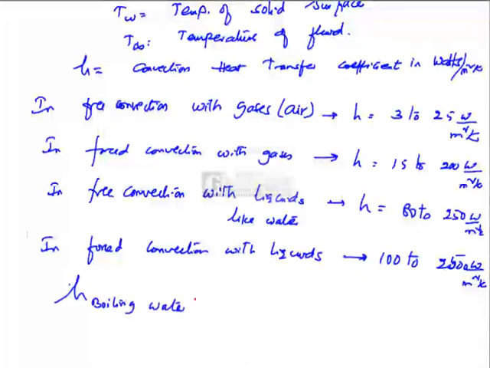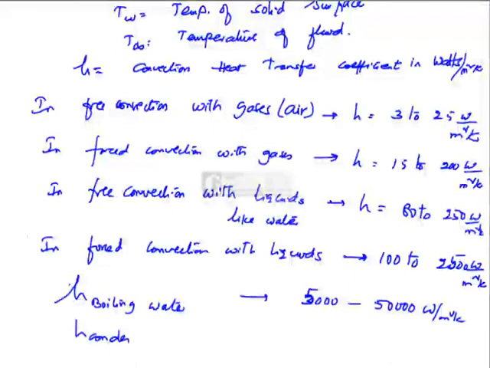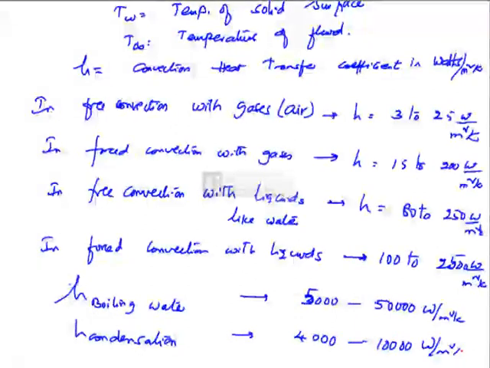Whereas h in boiling water, pool boiling or flowing in a tube, the h values will be 3000 to 50,000 watts per meter square Kelvin. h in condensation of water vapor will be 4000 to 10,000 watts per meter square Kelvin.